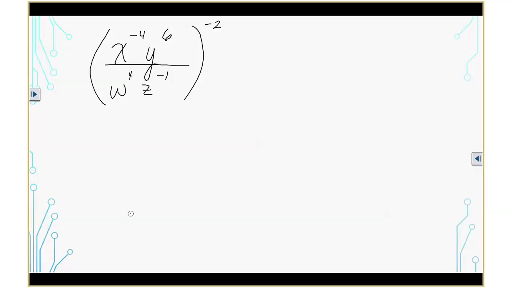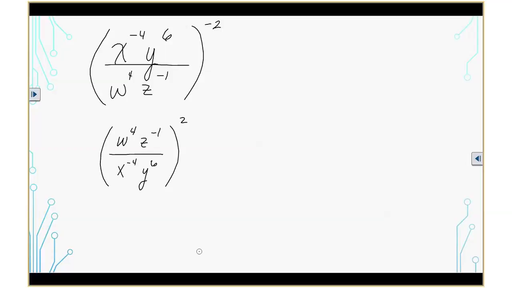So what can we do? Somebody name something. What do you want to do? Flip it on the inside, flip everything. All right, so that'd be w to the 4, z to the negative 1, over x to the negative 4th, y to the 6th, and that's raised to the 2nd power.